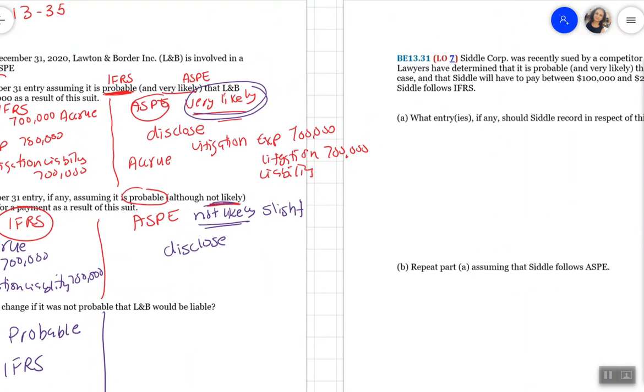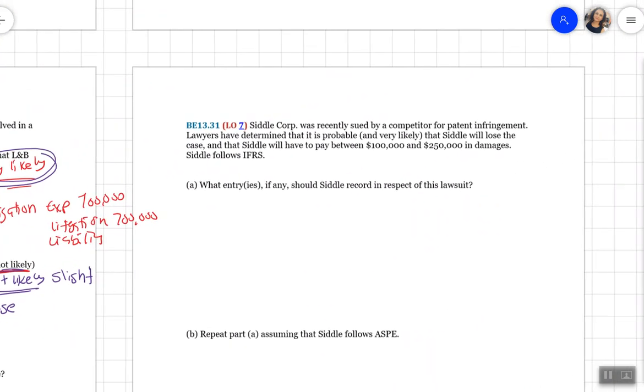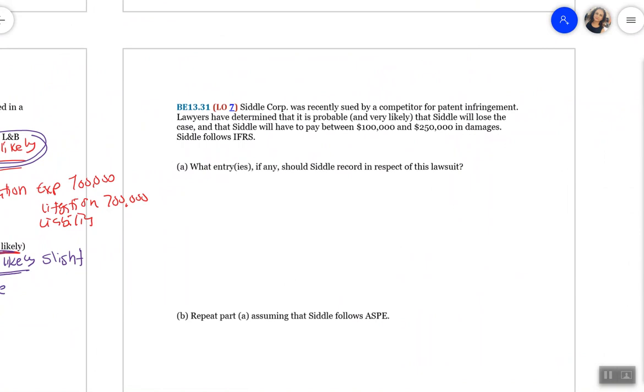Now let's go to the other exercise that I wanted to do. Two more questions, this is a brief exercise 1331. Saddle Corporation was recently sued by a competitor for patent infringement. The lawyers have determined that it is probable.